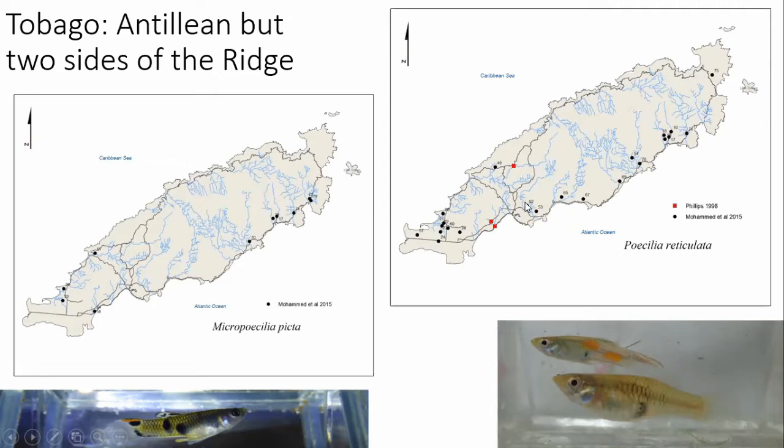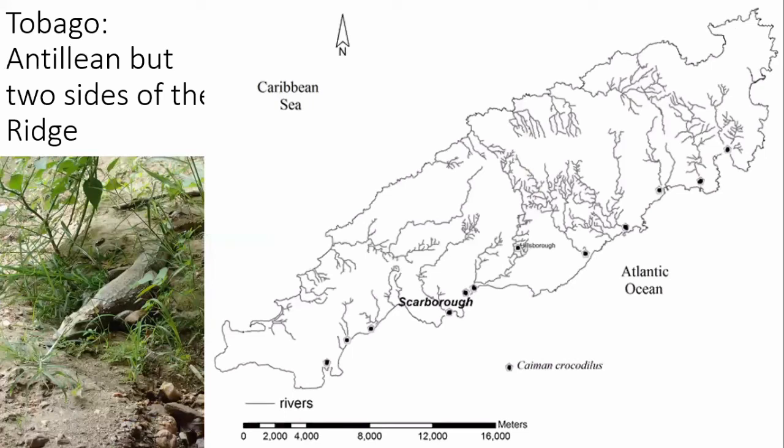And this is purely coincidental, I think. But if you look at the distribution of caimans in Tobago, where they've been historically found, it has a very similar distribution. So it means that Tobago probably has a colonizing zone along the Atlantic sea front. And this is, again, because this is the region that is more directly impacted by things like the Orinoco plume coming out of South America, right?